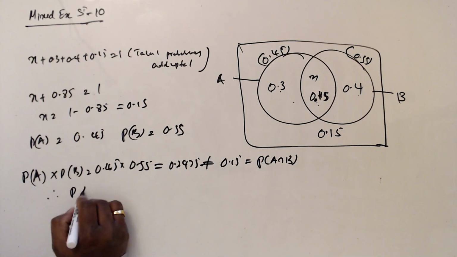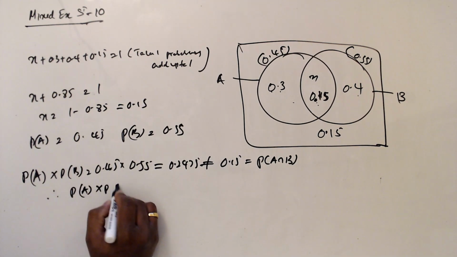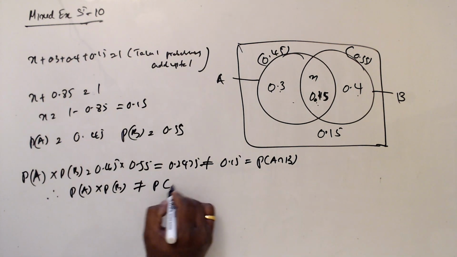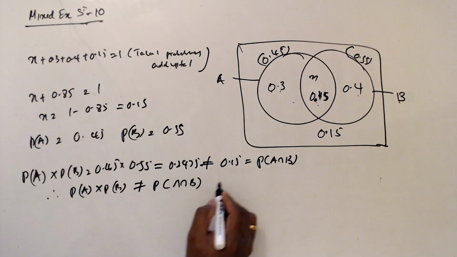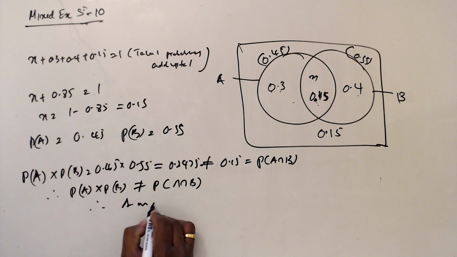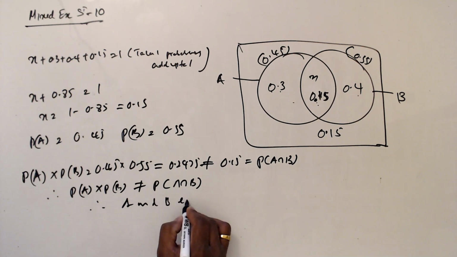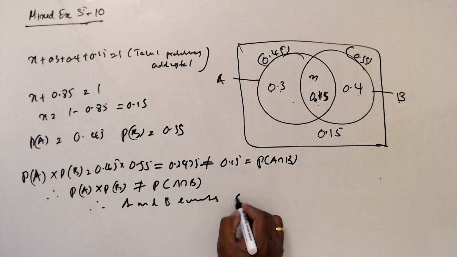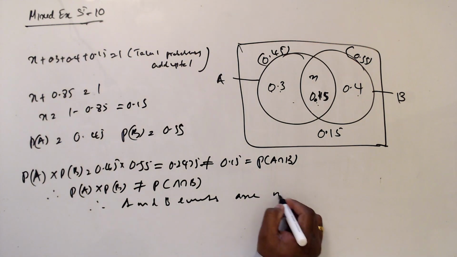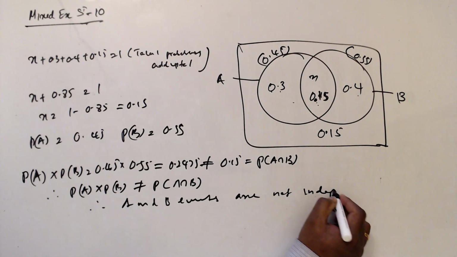Hence, P(A) times P(B) is not equal to P(A intersection B). Hence, A and B events are not independent.